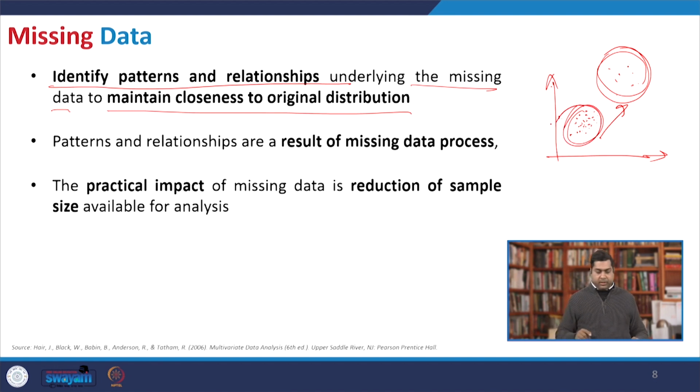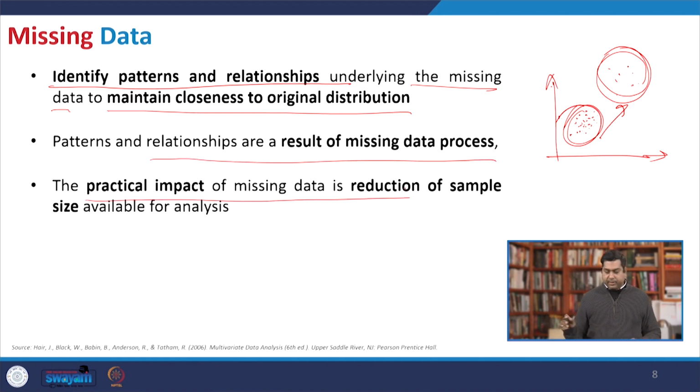So, in such cases you have to understand which points are apart from the natural distribution. Now, the pattern and relationship are the result of the missing data process, and the practical impact of missing data is nothing but a reduction in the sample size. If we have certain missing components, that can change the dynamics of that particular data.